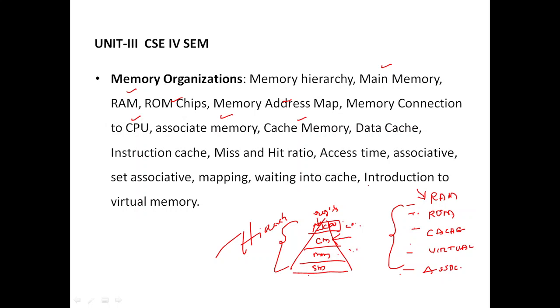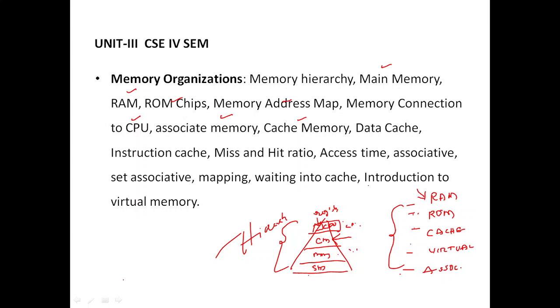So why we go for different types of memories, everything we will study in detail. So cache memory is to match the speed of the main memory and the CPU, and we incorporate the cache memory in the middle.